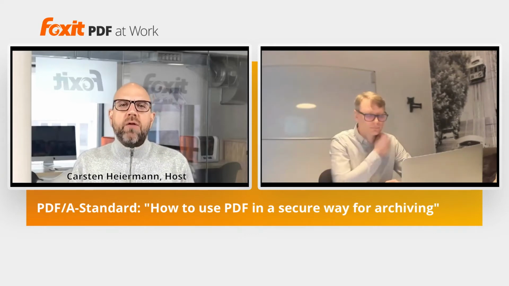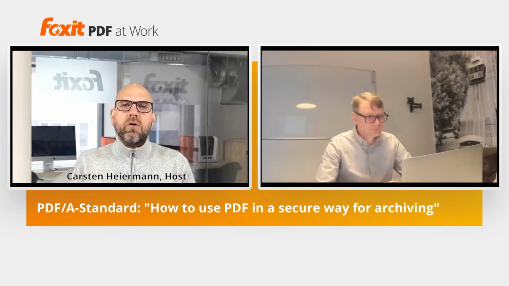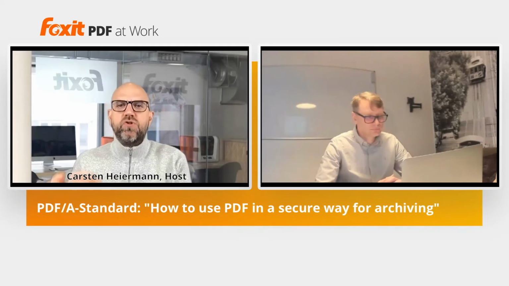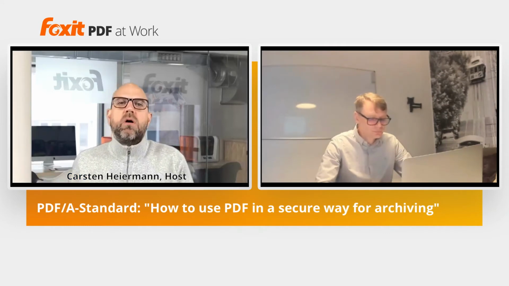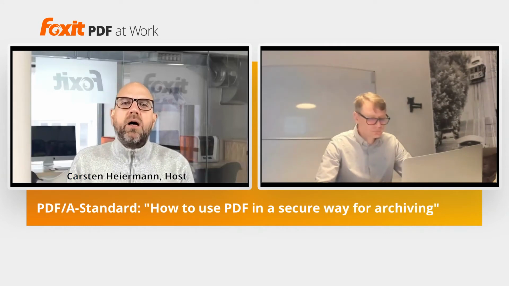Mm-hmm. You would not want to have those things in your archive, and therefore this is like a recipe where it is written down: use PDF in this and that fashion. Do this, this is mandatory. Don't ever do that, this is forbidden, or it is suggested to do it this way. That is the nature of how the PDF-A subset standard is written.